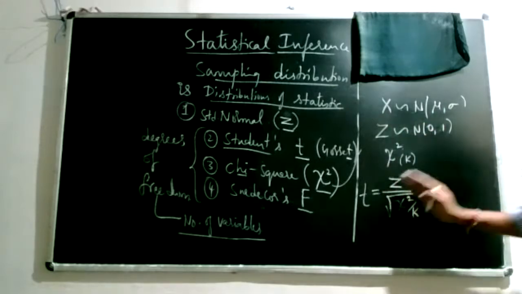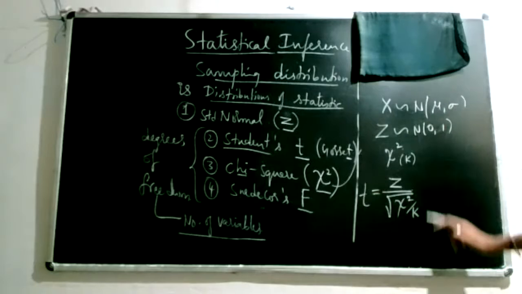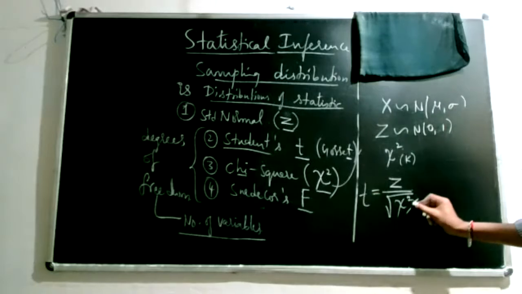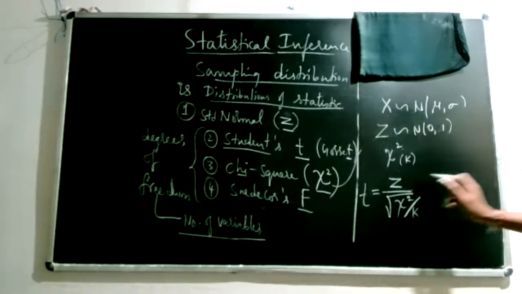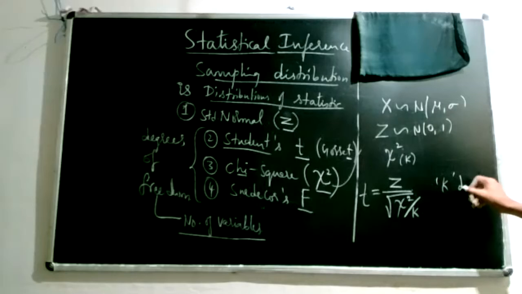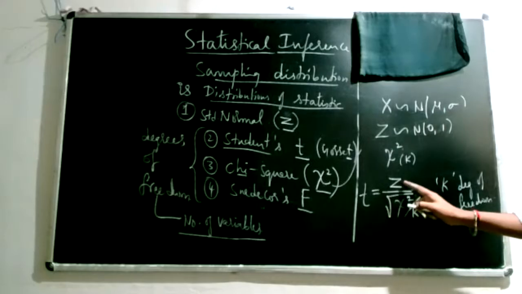So after investigating for a long period of time, we have come up with a property which is z by root of chi-square by k. Since I'm using k chi-square variables here, I say this also has k degrees of freedom. So this is how our t distribution arises. You can see that t is also derived from z.